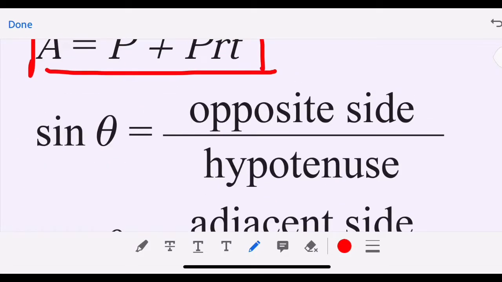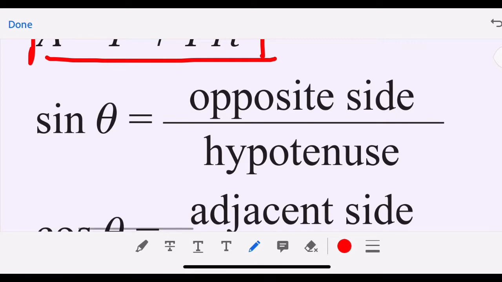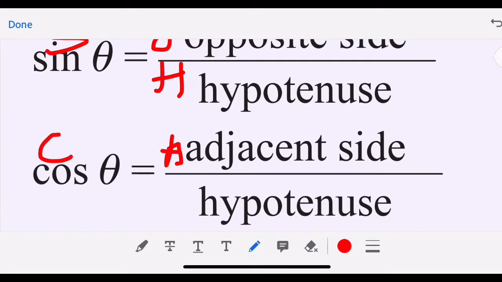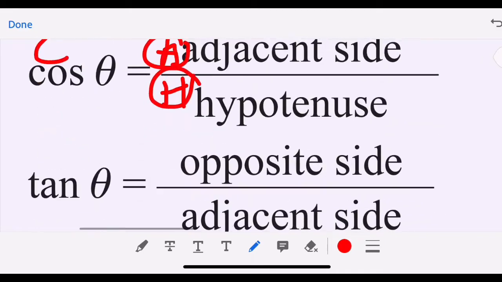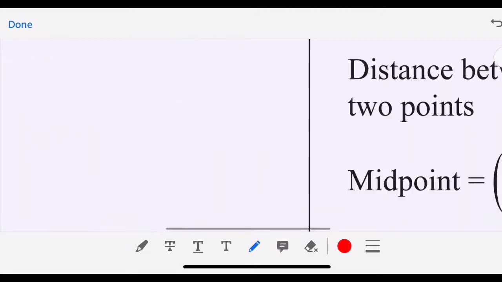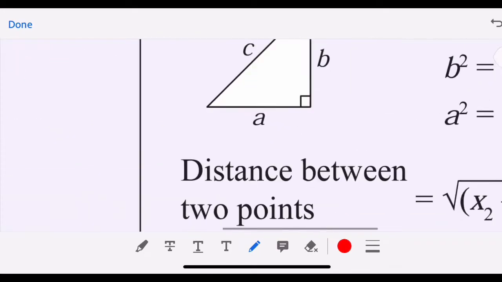And sin theta is SOH, right? SOH. Cos theta is CAH. And tangent theta will be TOA. And all these are important concepts.